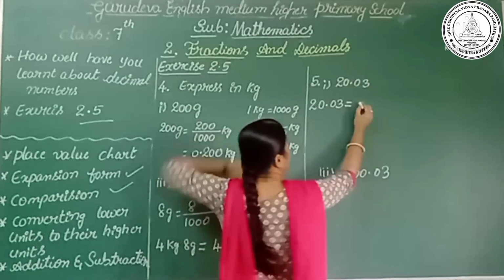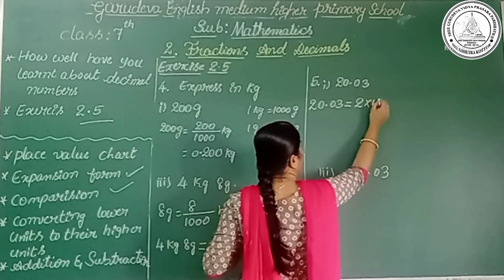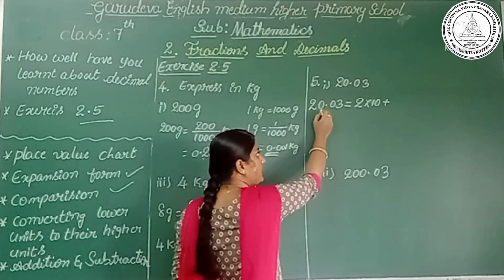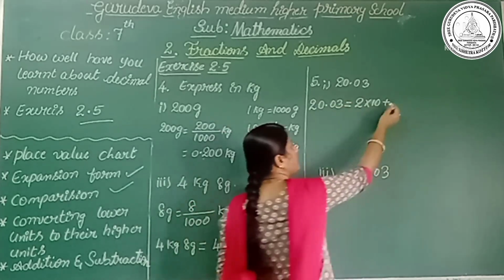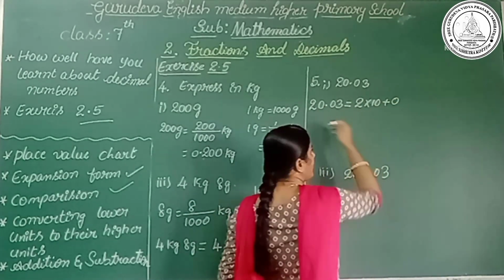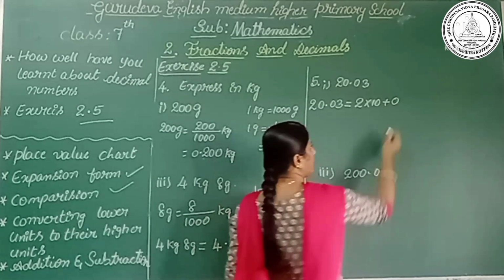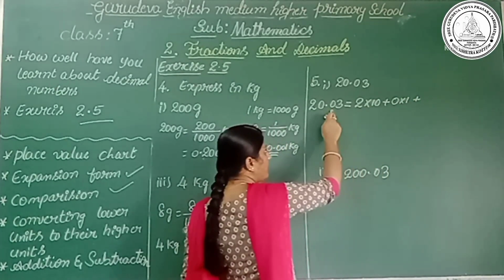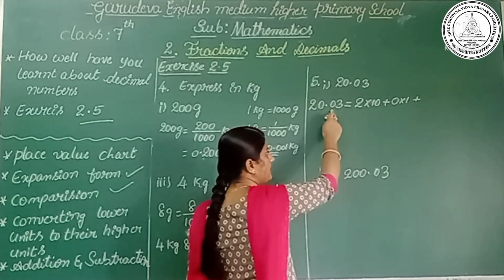Then write it as 2 into 10, plus in the ones place there is a 0. Just write it as 0, or you may also write 0 into 1. I will write it as 0 into 1 plus, and in the decimal part, in the tenths place there is a 0.